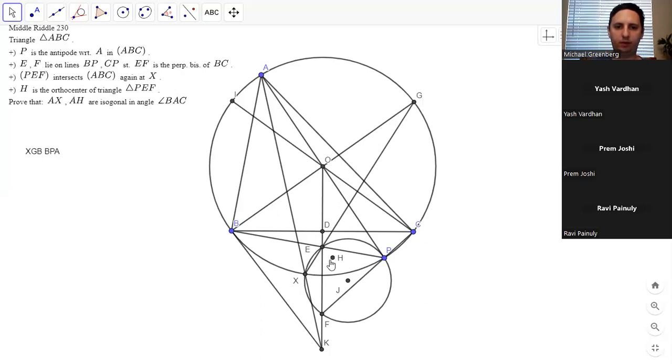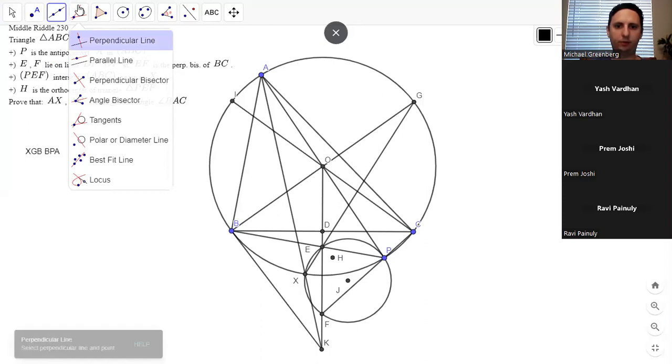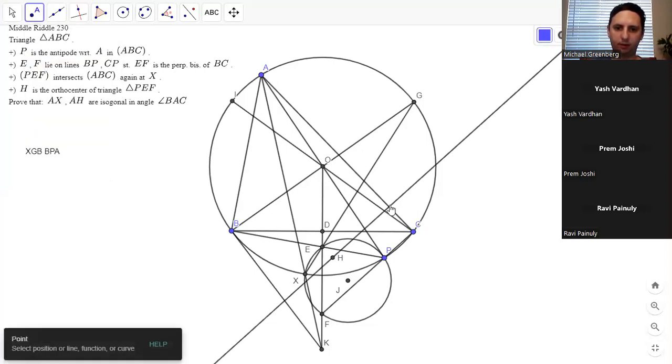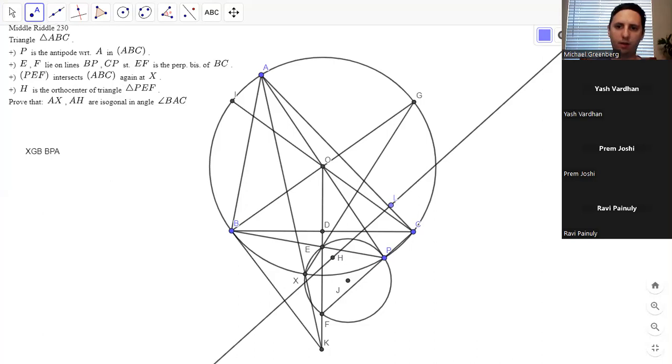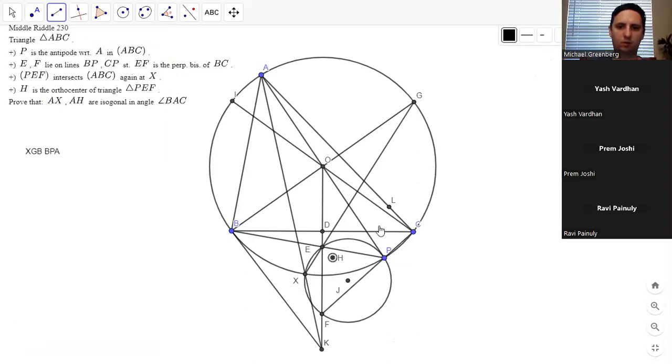So actually, let's see. If I drop a perpendicular from H to AC, is there anything I could say about the distance HL? And then I could do the same from H to AB and maybe try to pick a ratio. It's just an idea. I'm not positive it'll work.